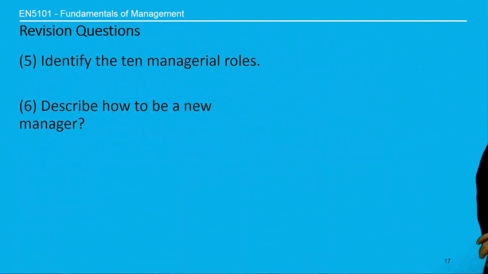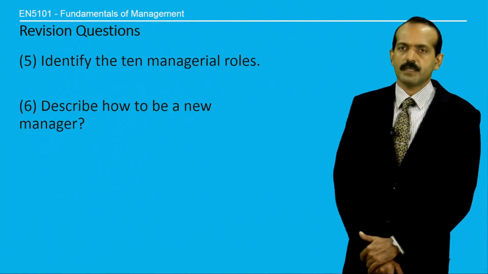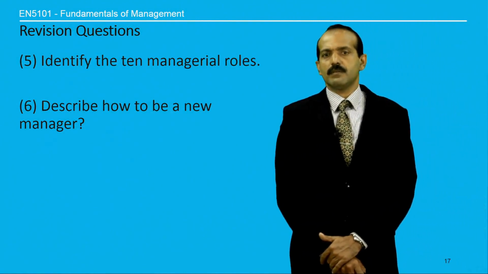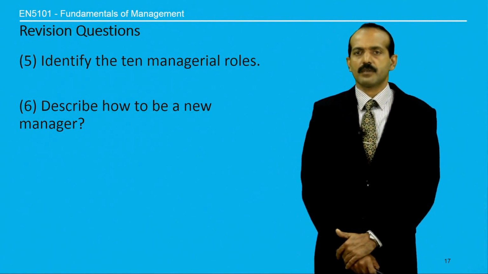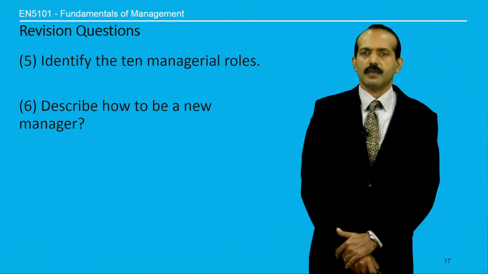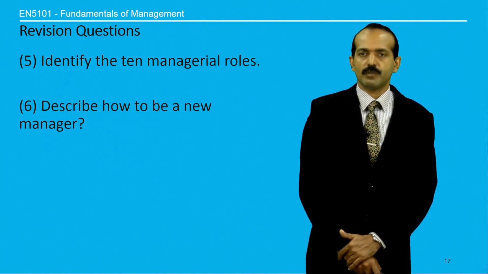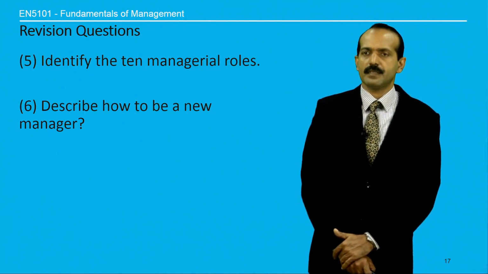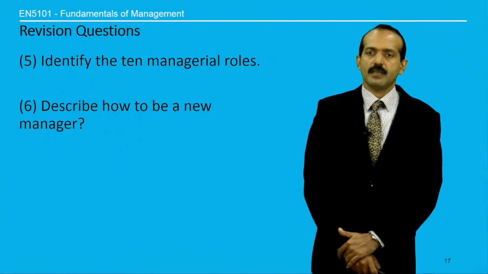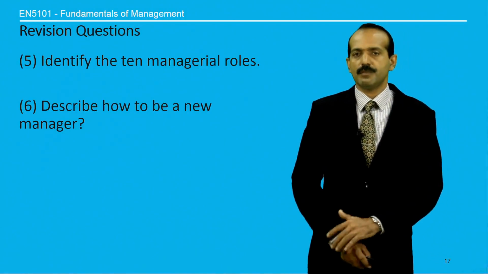Now we will come to the revision questions of the other part of our lesson. Revision question number 5: as we discussed, you should be able to identify the 10 managerial roles. After that you should be able to describe how to be a new manager.